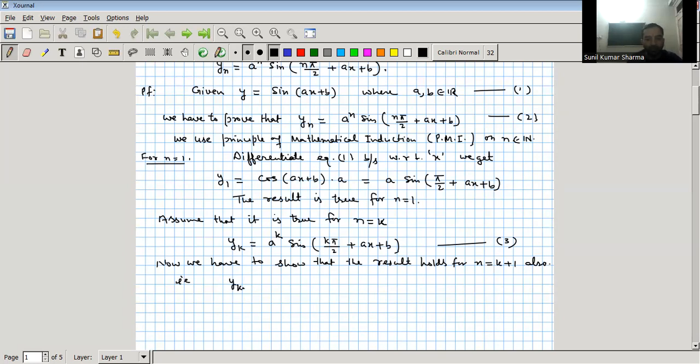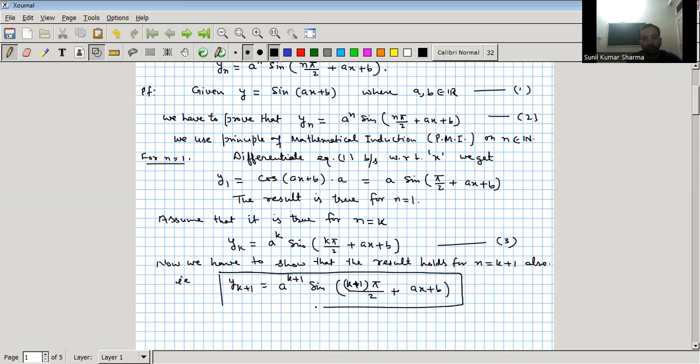We have to prove that yk plus 1 is equal to a to the power k plus 1 sine of (k plus 1) pi by 2 plus ax plus b. So we put this in brackets. This is what we have to prove.